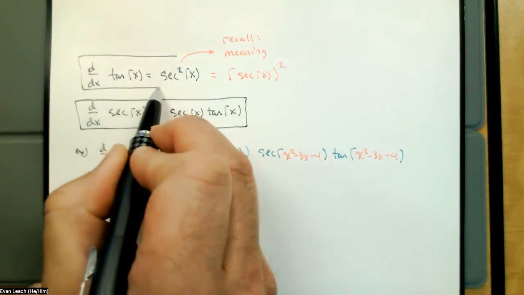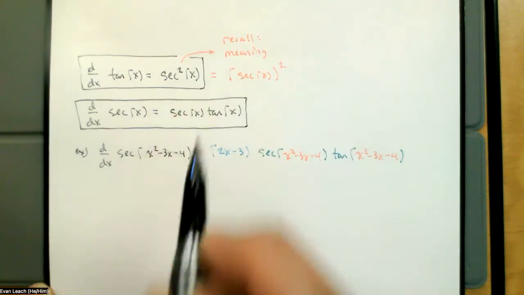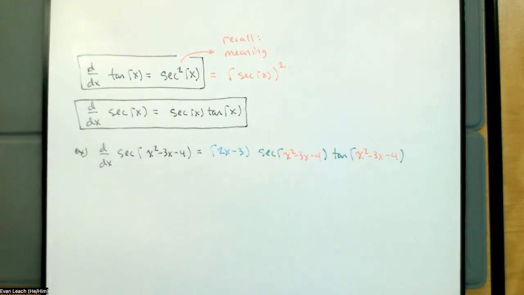But remember, if you just write tan without anything after it, you haven't written anything yet. You've said half of a sentence. The trig function on its own doesn't mean anything.